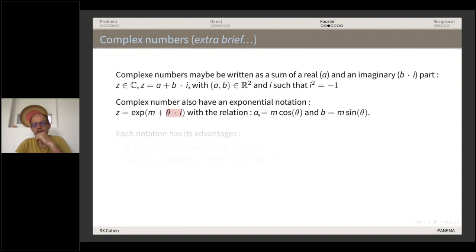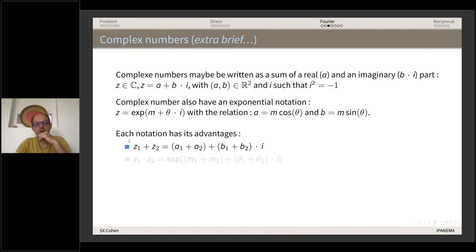And we have the relation where a is equal to exponential of m times cos theta, and b equals exponential of m times sin theta. Because of this, we call exponential of m the modulus, and theta the argument.